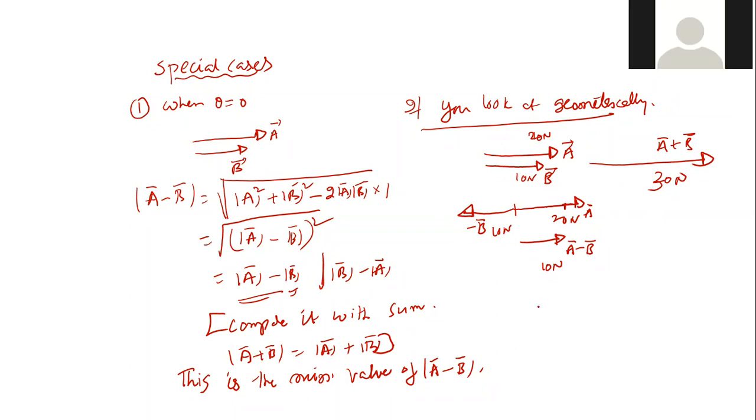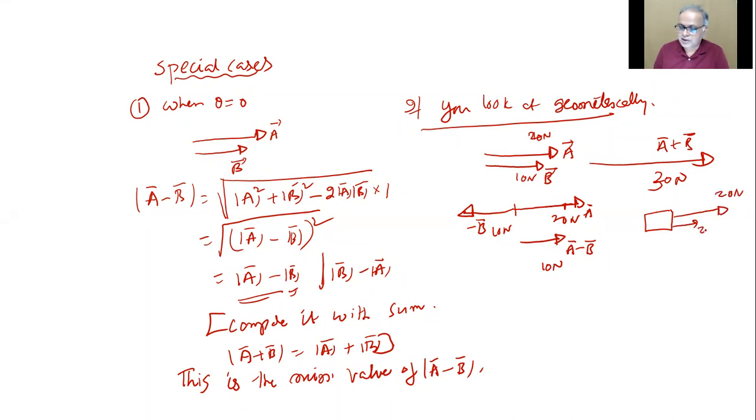Do you follow? What it means is, if I have a block like this, and I have two forces acting, one is 20 Newtons and the other is 10 Newtons, the net force on the block is 30 Newtons, I'll say. But if I subtract the forces, it is not a net force or anything. It is not meaningful.